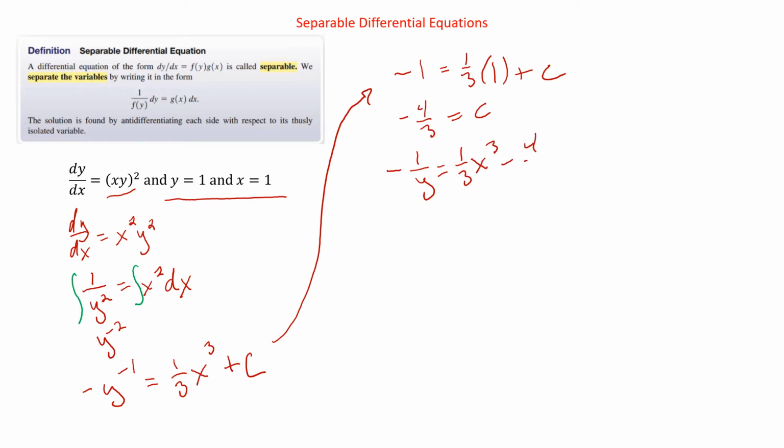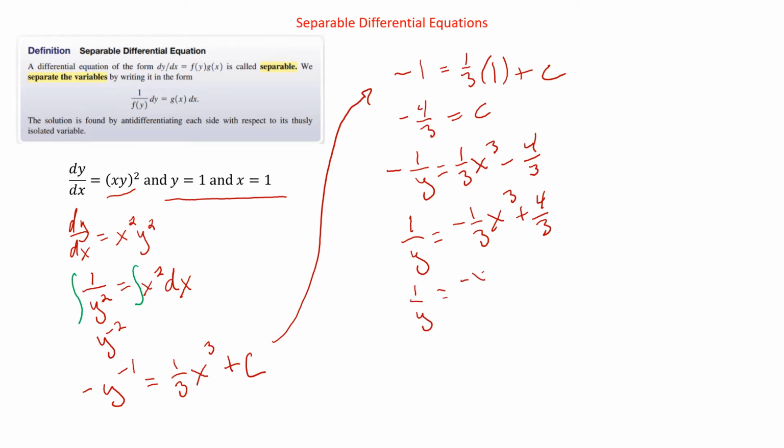So we have negative 1 over y equals 1/3 x cubed minus 4/3. All right, well, we need to get to y. So the first thing, let's multiply by that negative 1 to get positive 1 over y equals negative 1/3 x cubed plus 4/3. Then we're going to need to flip these fractions. I'm going to rewrite the side with the x's using a common denominator.